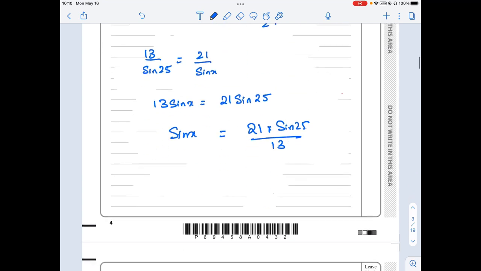So sine x equals 21 times sine 25 divided by 13. So x equals sine inverse of 21 times sine 25 divided by 13. Use the calculator to get the value of 21 times sine 25 divided by 13. That should be giving you 0.6827.